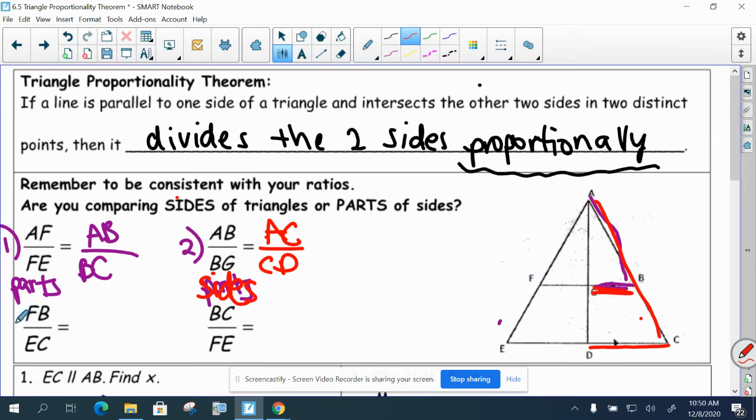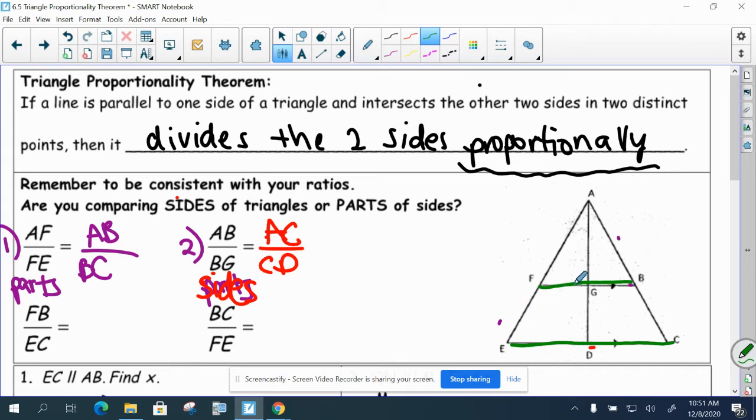And then FB and EC. So think about that one. FB is this entire parallel line over EC, which is this entire parallel line. Okay, so what could we set that equal to?